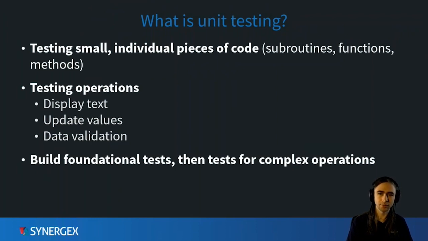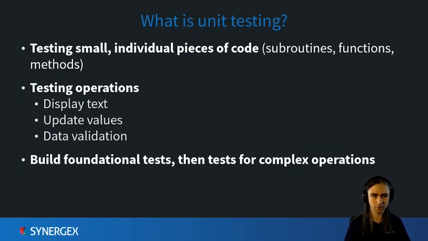So what is unit testing? Well, at its core, you're testing the smallest individual chunks of code that you possibly can. In .NET languages, you're testing methods. In traditional Synergy, we're testing subroutines, functions, and methods, and that's on parity with Synergy.NET as well. For testing operations, you're looking to test basically anything that you can in the application.